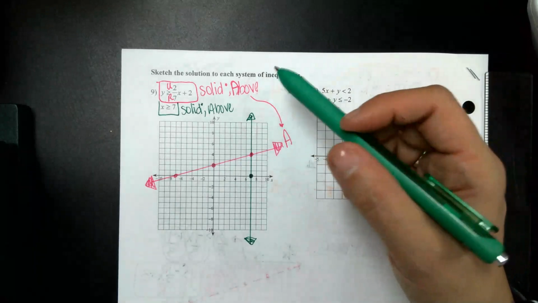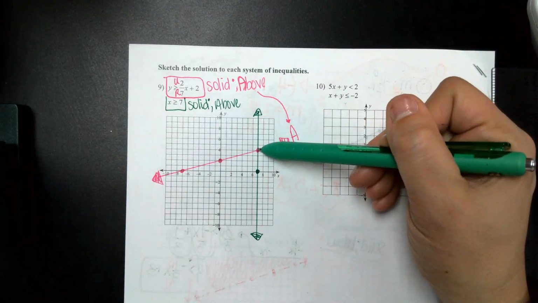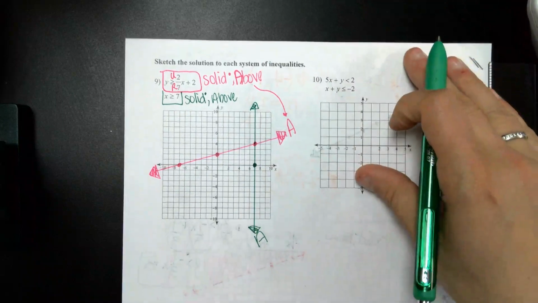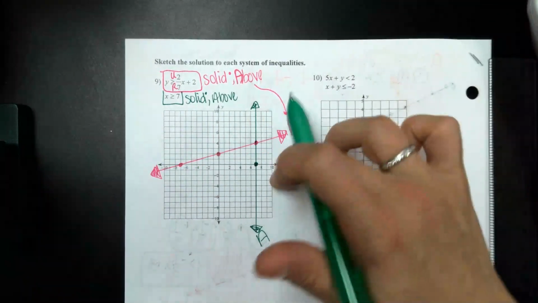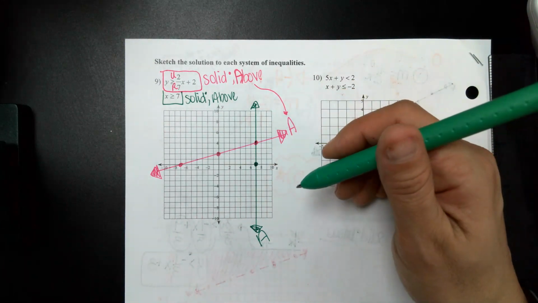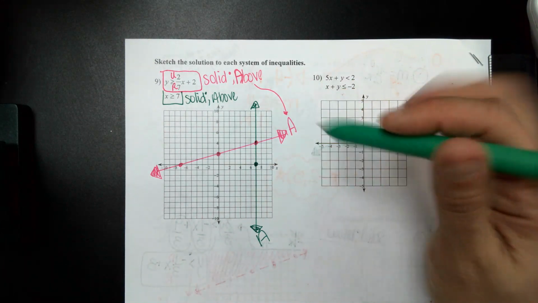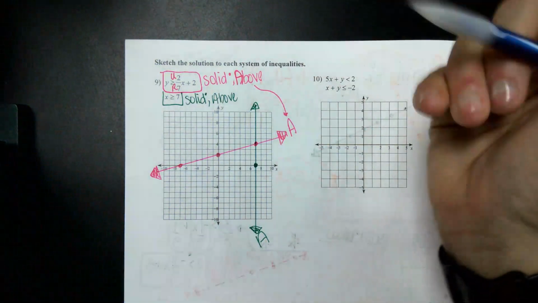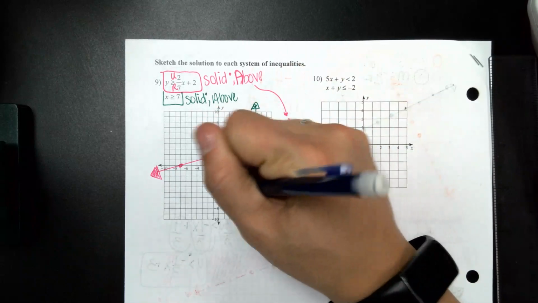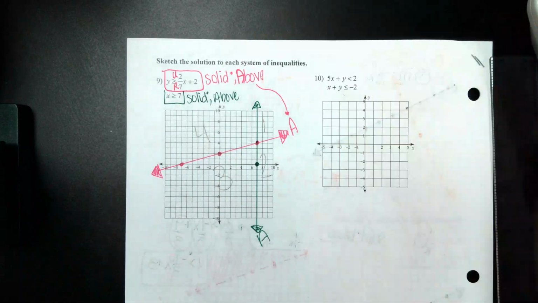We are no longer looking for a point of intersection. We are looking for the section that the shading would overlap. So everybody watch. This is the part you need to pay attention to. What I did yesterday was I just took a pencil and I labeled my sections with like 1, 2, 3, 4.